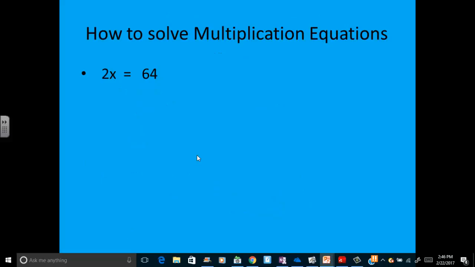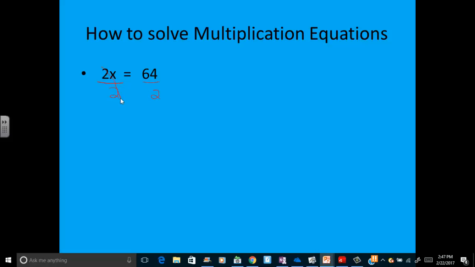Last, I don't want to go too far into multiplication because we're going to do multiplication and division later in the week together. But you see 2x equals 64. To get the x by itself, we have to do the inverse operation of multiplication, so that's division. I divide by 2. I divide by 2.